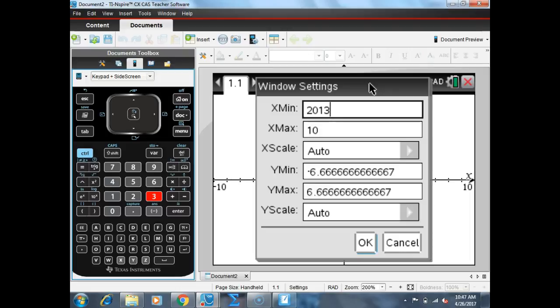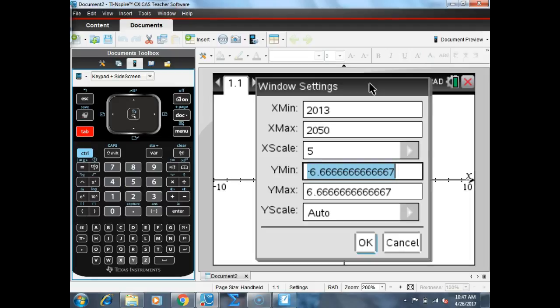Do you want to do that also? I got a couple of head shakes yes, and a couple of head shakes no. Let's try it and see. So what do we need to put as our maximum? 2050? Okay. I'm going to go by 5-year stretches there.